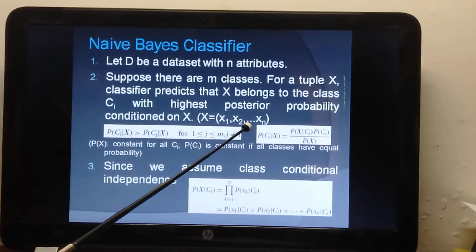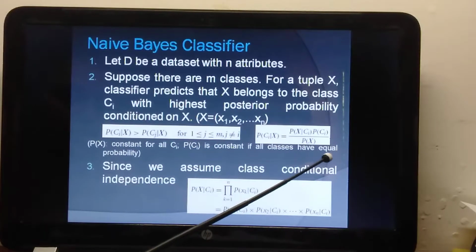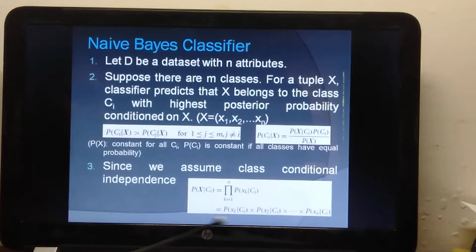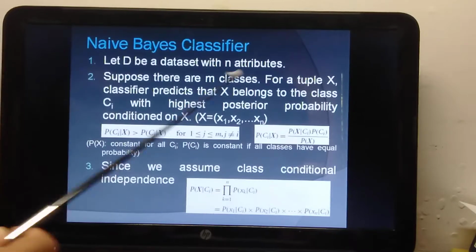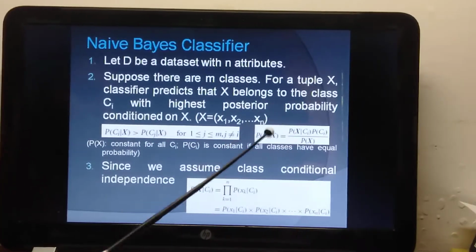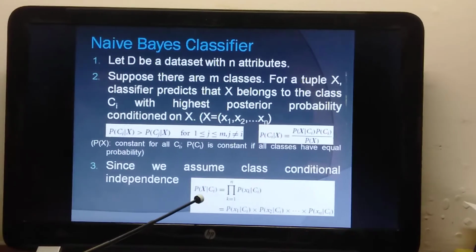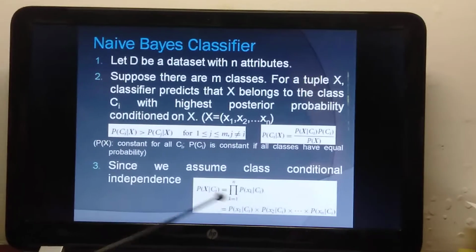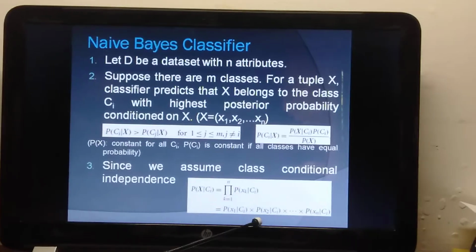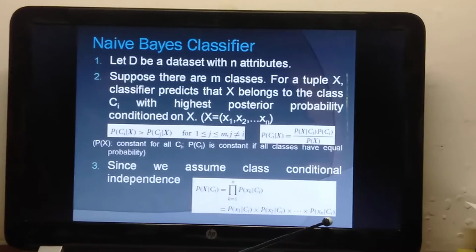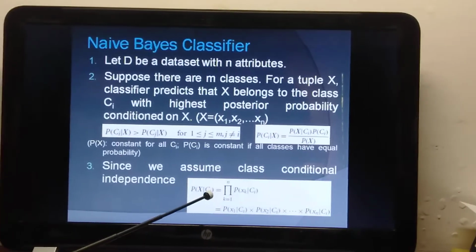So what we need to find is the probability of X with each one of these attributes, and then multiply each of these values. The probability of X given Ci follows from Bayes theorem. So to find the complete probability of X given Ci, I will find the probability of the first attribute given Ci, the second attribute given Ci, all the attributes given Ci, and multiply all the values to get the probability of X given one particular class.